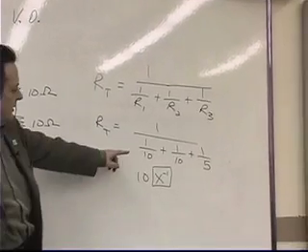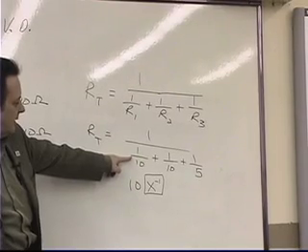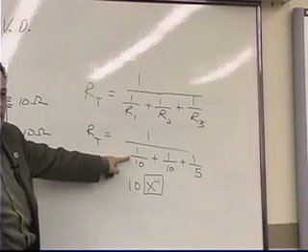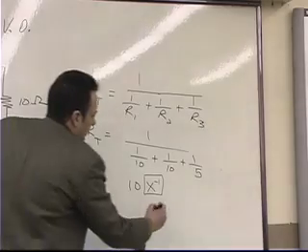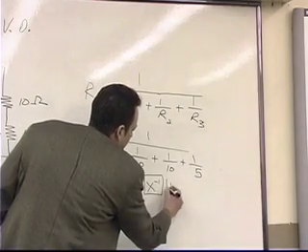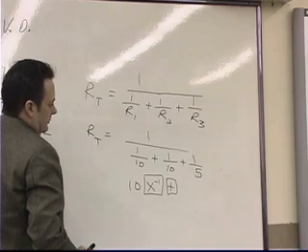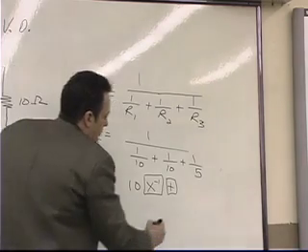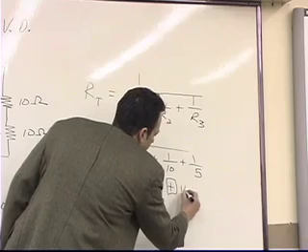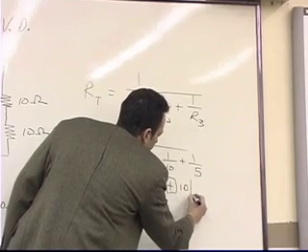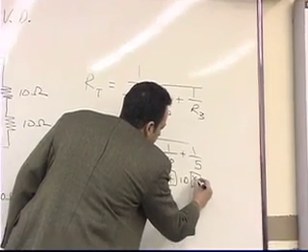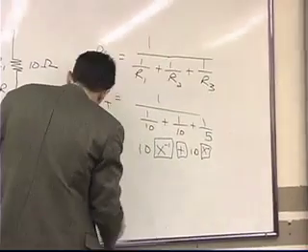Okay? What that does is it takes 10 and it inverts it. Gives you 1/10. Then you press the plus key on your calculator. And then you put in 10 and press x to the minus 1 again.